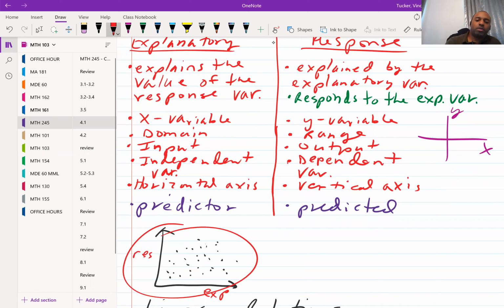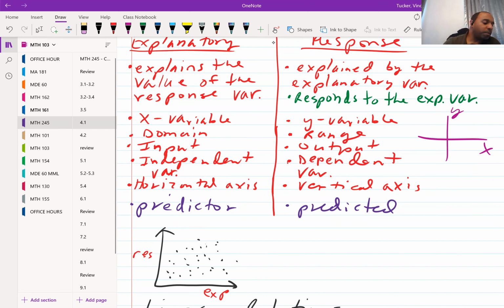And here I'm just showing you basically how your scatter plots will be plotted. If you remember your XY axes, we are just using the first quadrant. So your explanatory variable is your horizontal axis, your response variable is your vertical axis, and you're just using that first quadrant to plot your points. This is, of course, generic. There's nothing putting those points there other than me just dotting it up.